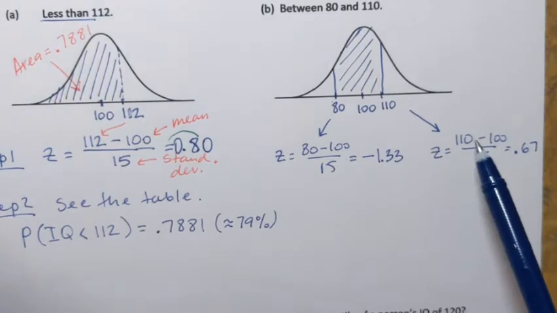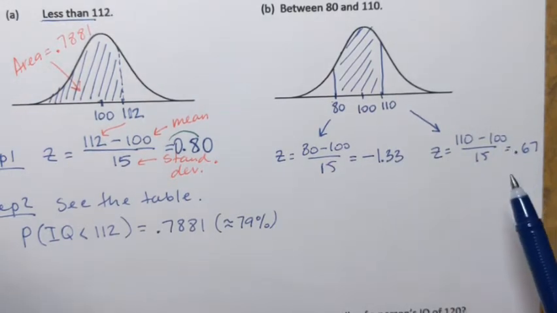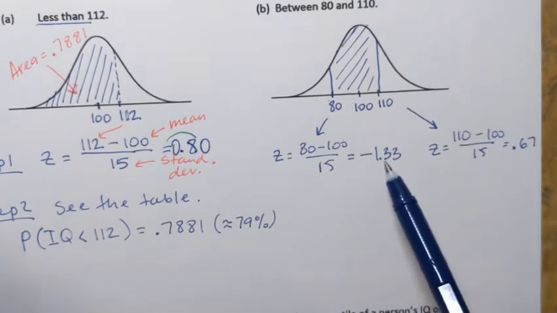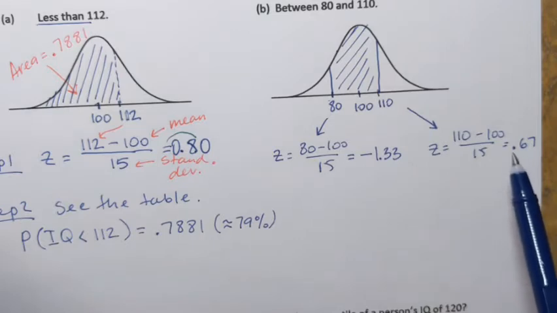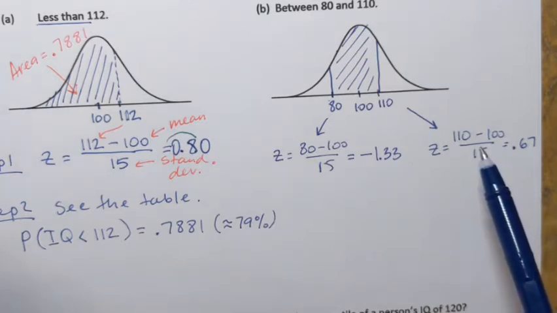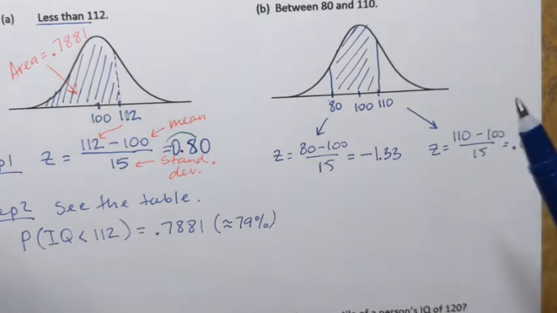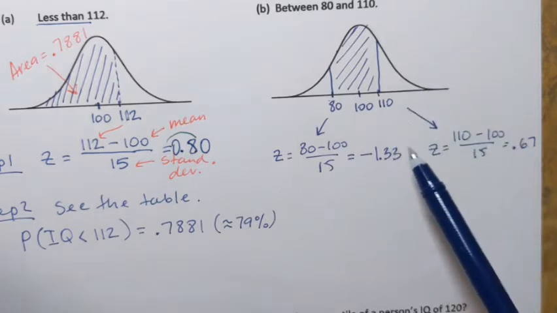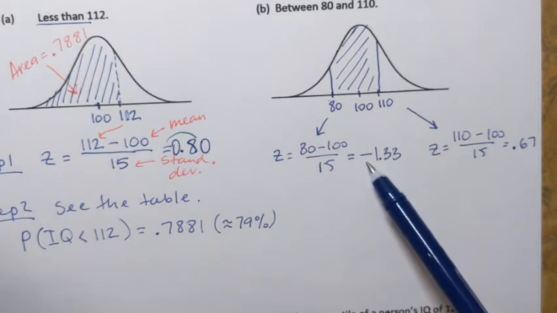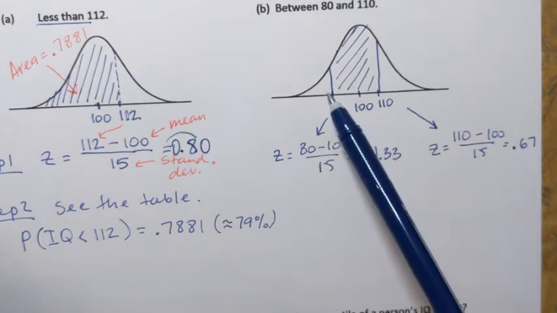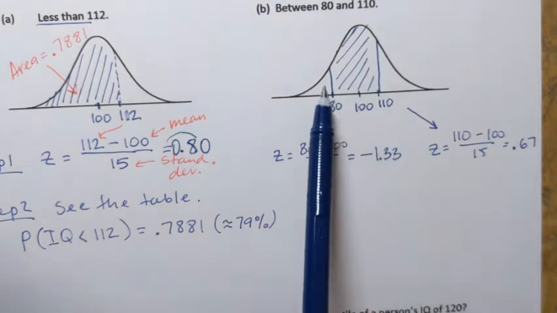Okay, so what are we going to find when we look these numbers up in the table? We're going to find areas to the left of those z-scores, areas on the normal curve to the left of each z-score. Let's see how it's going to be helpful. Once we find the area to the left of the z-score negative 1.33, it's the area to the left of 80, right?